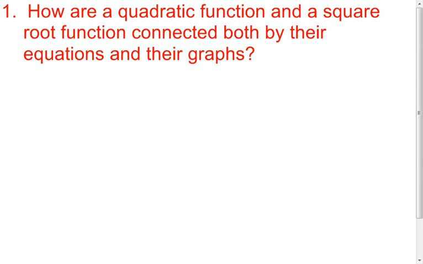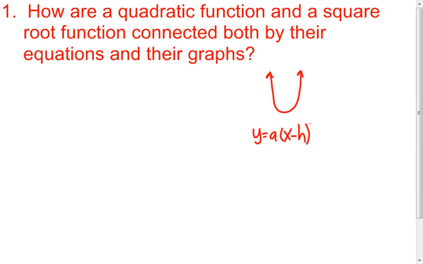All right, then when we get to this next section, again, this is something you're going to mostly do on your own, but I'm going to give you some things to think about. It says, how are a quadratic function and a square root function connected by both their equations and their graphs? So I want you to think about these things when you're answering that question. A quadratic function, of course, has a graph that's a parabola, and the equation for that goes like this in vertex form.